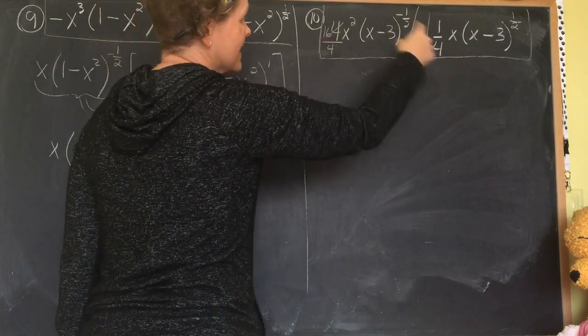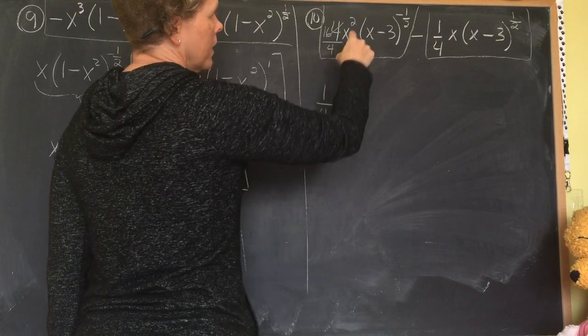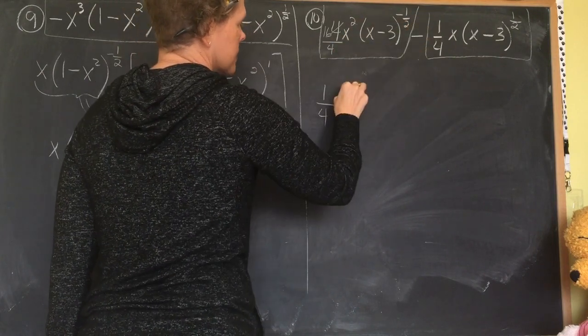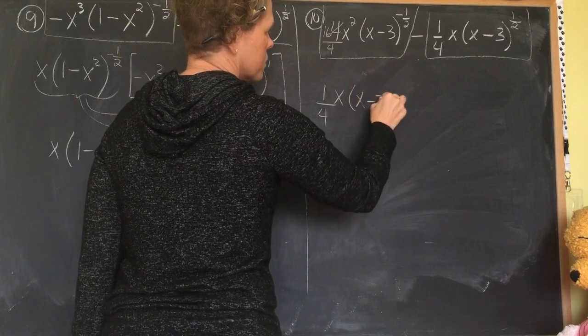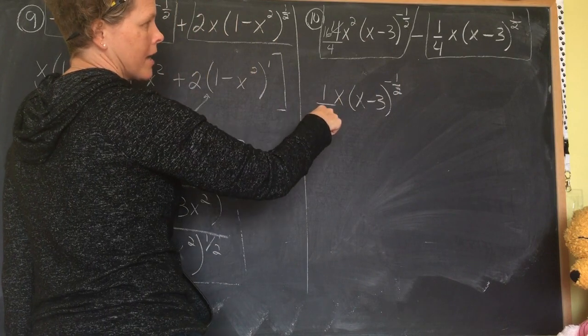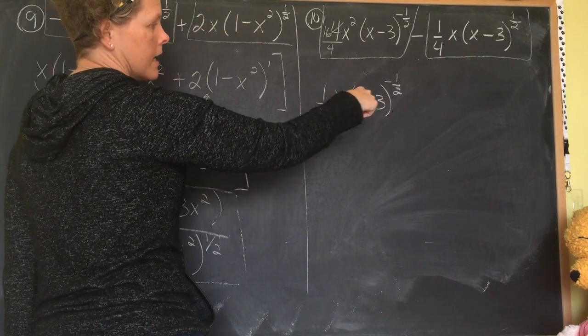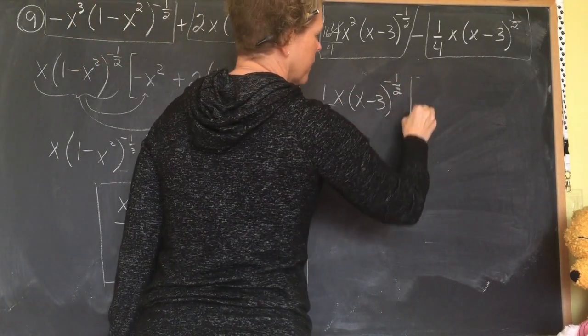Okay, so now I can take out the fraction, so I'm going to take out a 1/4. I have an x squared and an x, so I can take out an x. And then I can take out that x minus 3 to the negative 1/2. So again, I want that common denominator out of there, the x, and then always the lowest powered exponent. All right, what do I have left over?